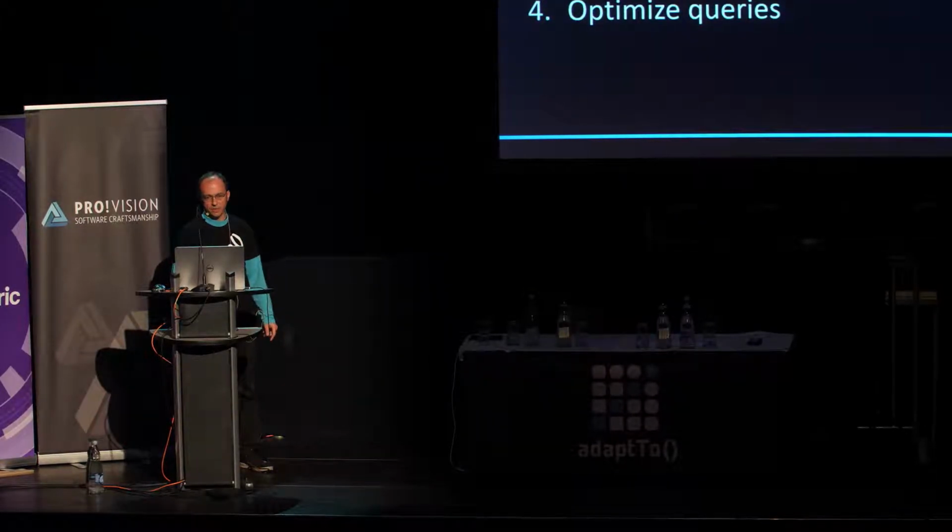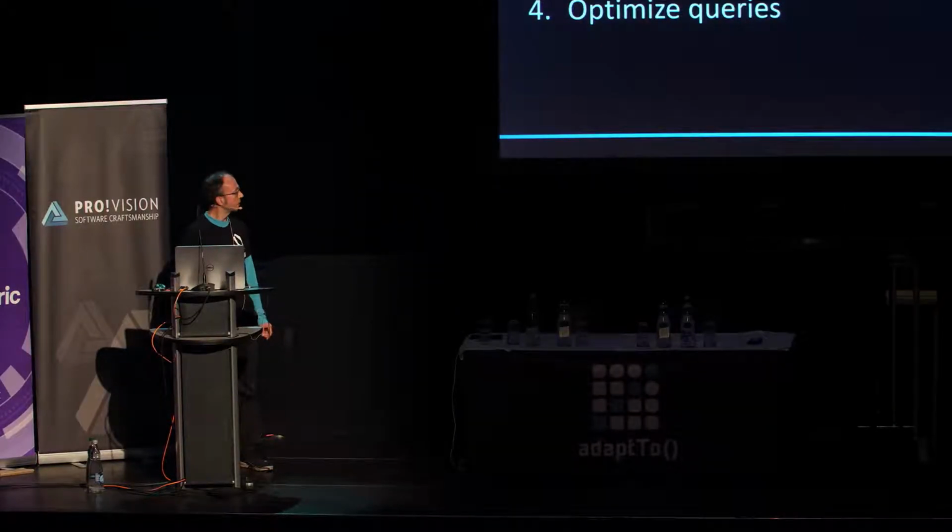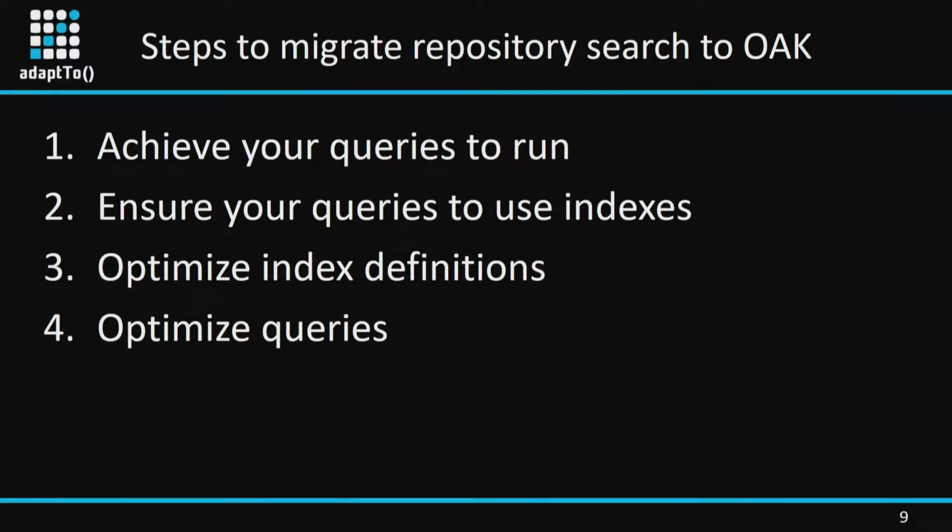It might be that the query runs into an exception because of syntactical changes that have been made in the OAK implementation, not in the query language as a whole, but in some details. I will show an example in the next slide.